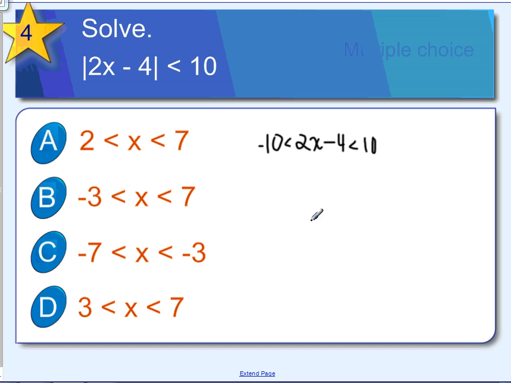So for this case, I'm just going to split it into two inequalities just to make it a little easier for those of you who like to see it this way. For those of you who like to solve it just within this, just know you can normally do that. I'm just doing this for everybody's sake.